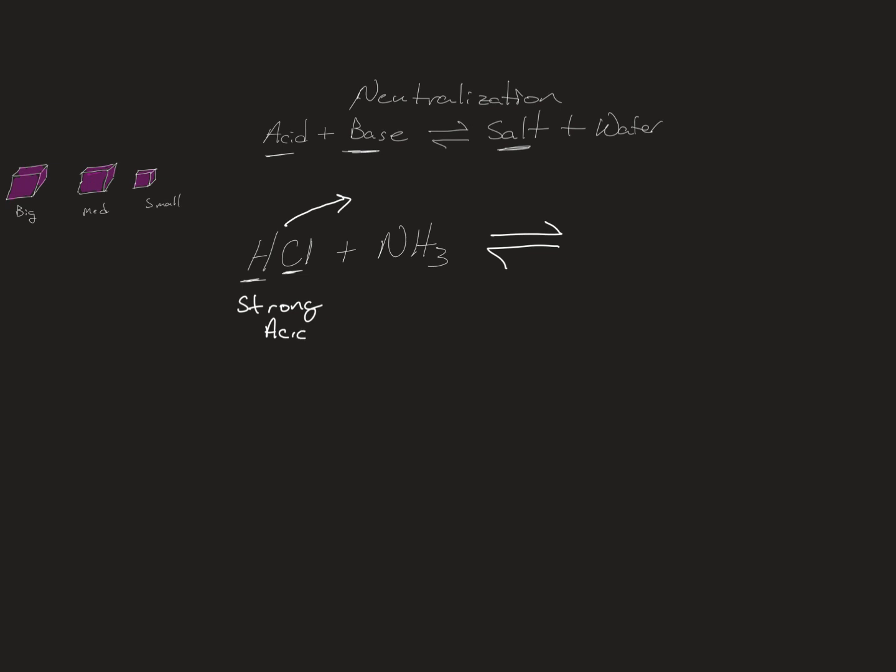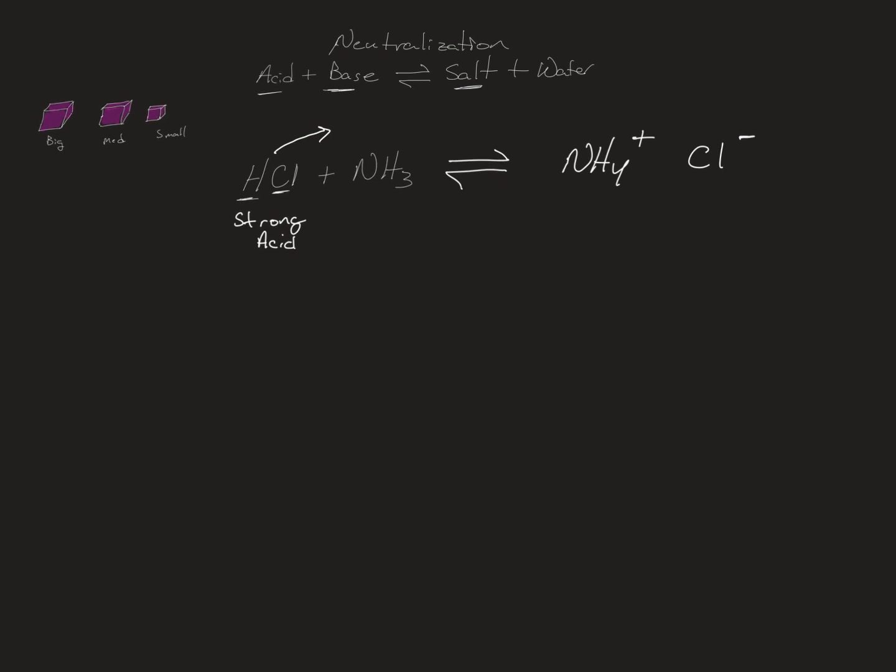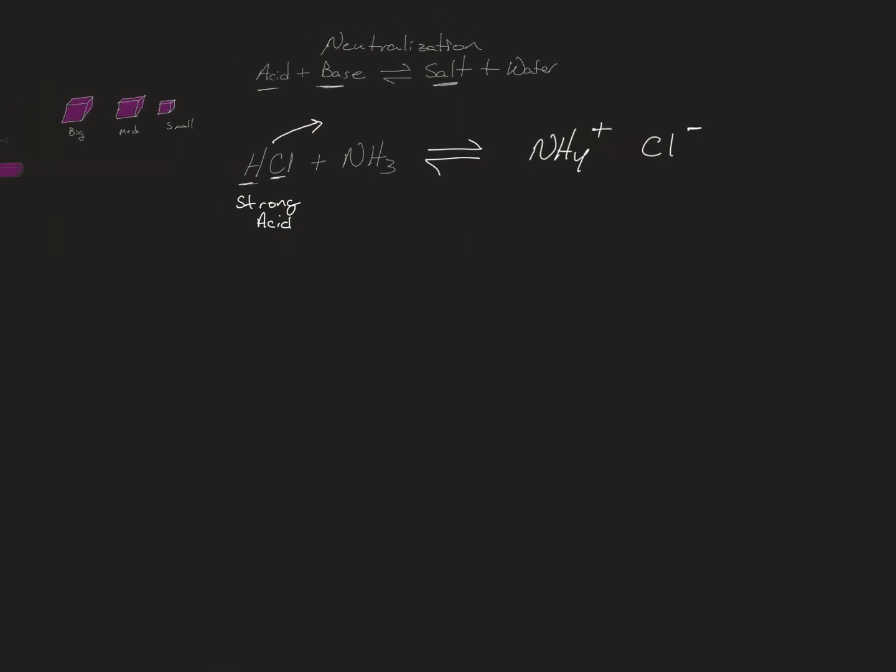It releases the hydrogen ion, and when it mixes with ammonia, it makes NH4 plus and then Cl minus. And those two kind of stick together. They form ammonium chloride. That is a salt. Of course, this is happening in water.